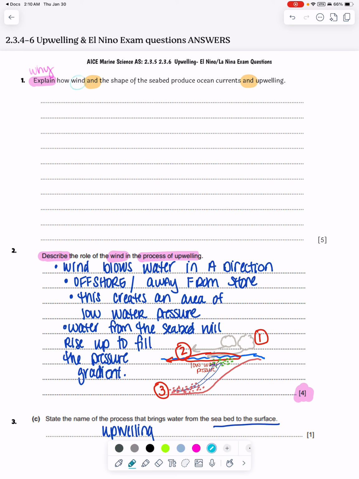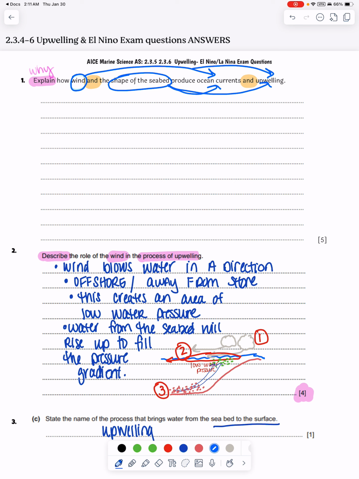So we'll need to discuss wind and what wind is doing to produce an ocean current and upwelling, and shape of the seabed, same thing, producing ocean currents and producing upwelling. When in doubt and you have an explain command word, you can give a definition.